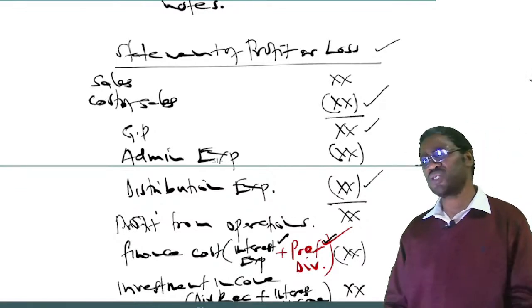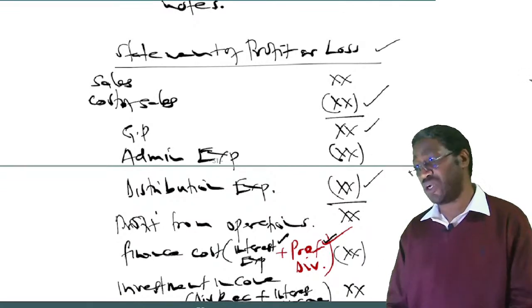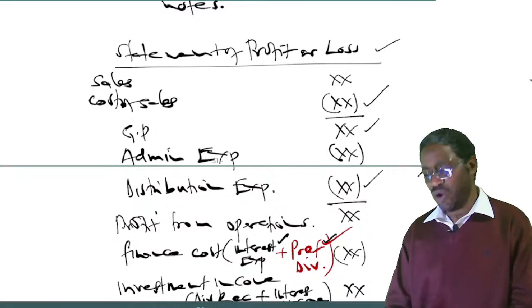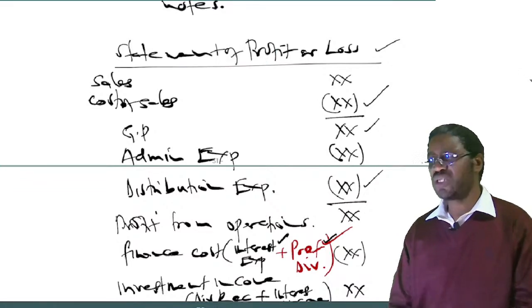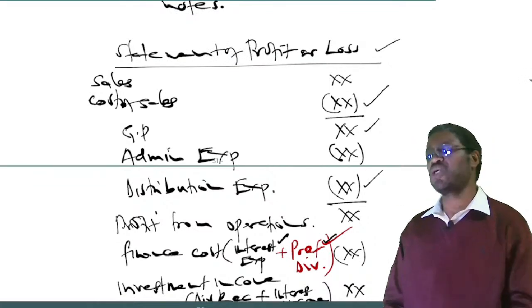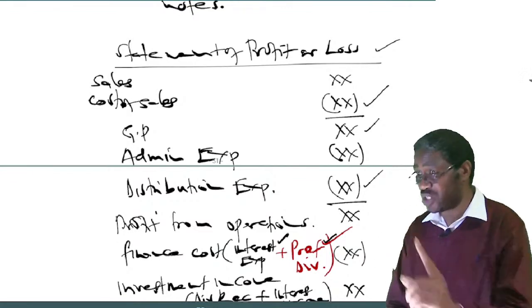The first one we said, if you are required to prepare a statement of profit and loss, or what you can call an income statement, I hope you still remember we talked about the key issues when it comes to the income statement for publication.